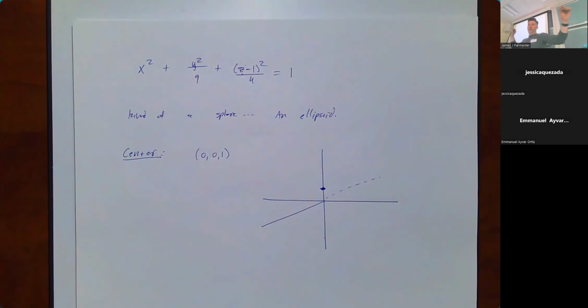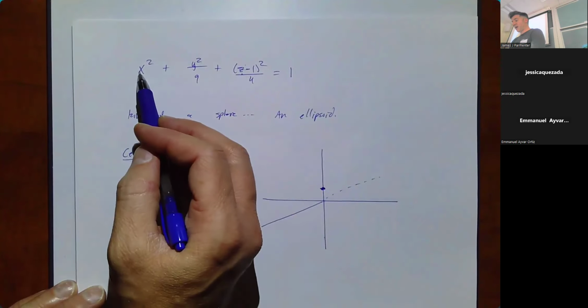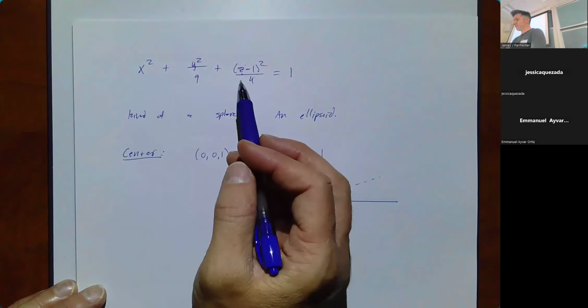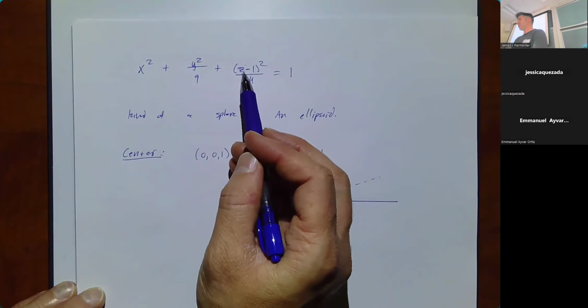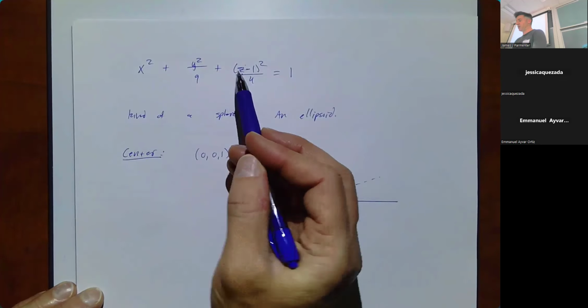And then we can find all the endpoints of the different major and minor axes by seeing what x, y, and z would need to equal when the other ones were 0. So if x and y were both 0, z could be as big as 3 and as small as -1. Here's what I'm doing.